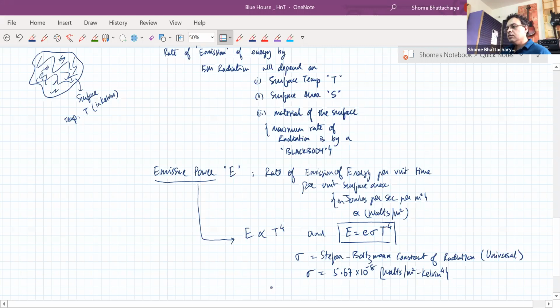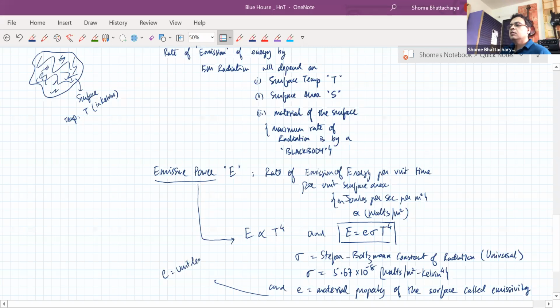Whereas small e is a material property of the surface, and it is called emissivity. Emissivity is first of all unitless or dimensionless, and it is between 0 and 1 for all known materials.